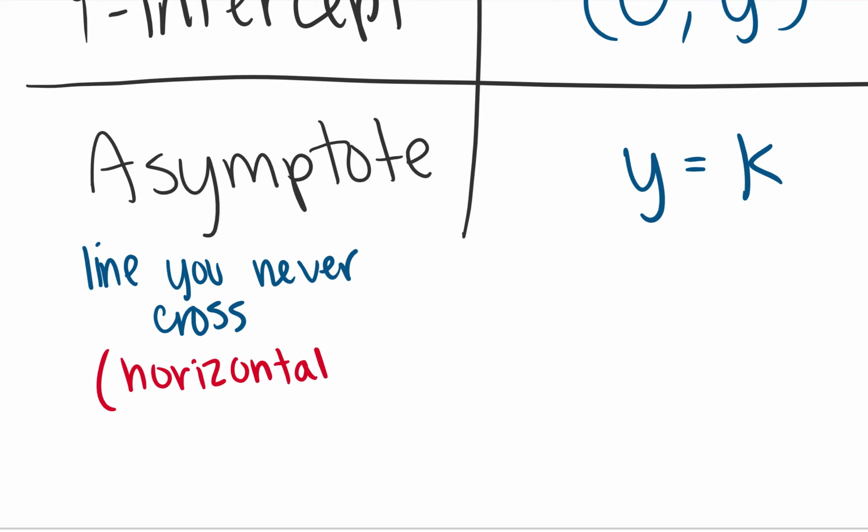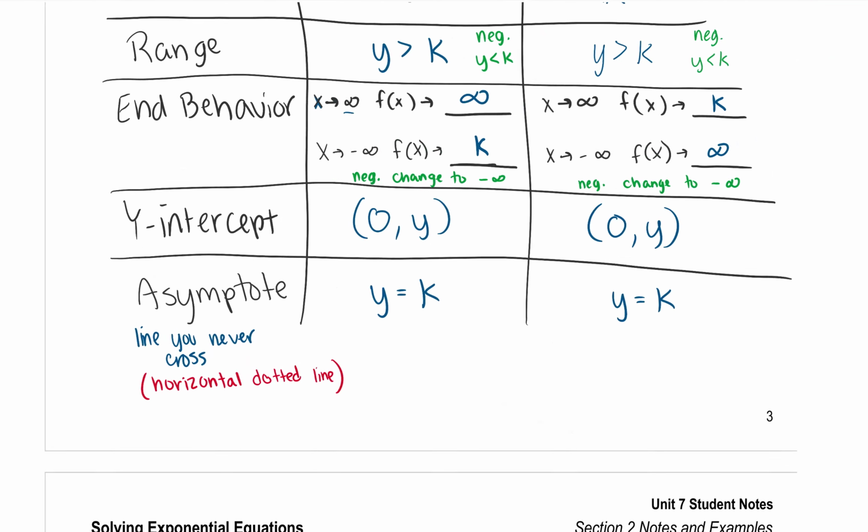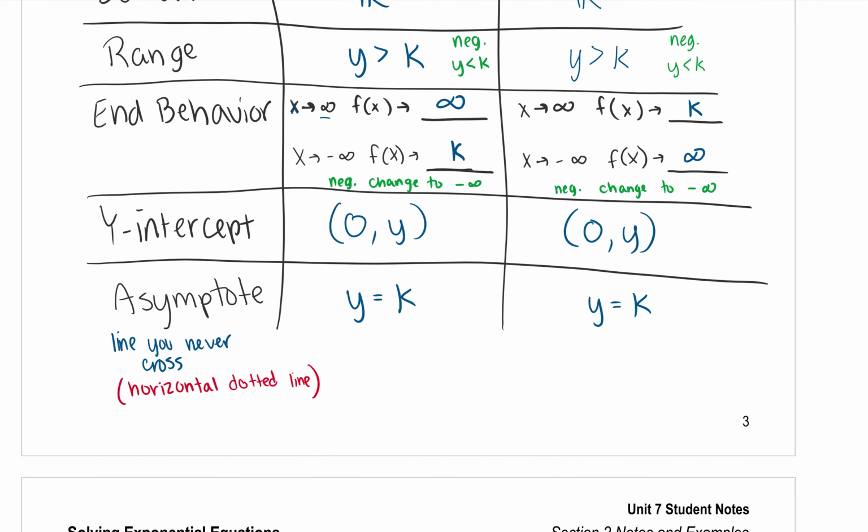Well, horizontal dotted line. So whenever you see a dotted line, that represents an asymptote, and that's true for practically anything in math. And for exponential functions, your asymptote is always horizontal.